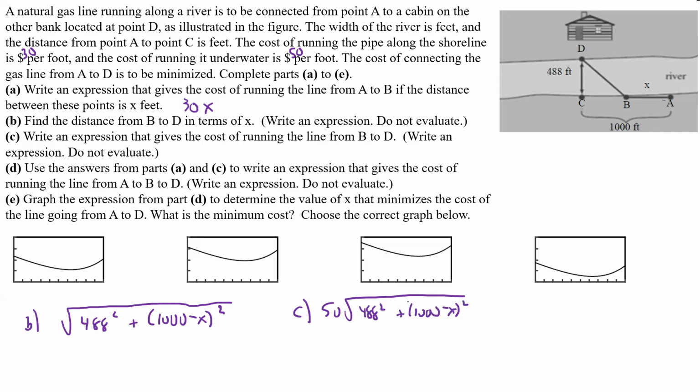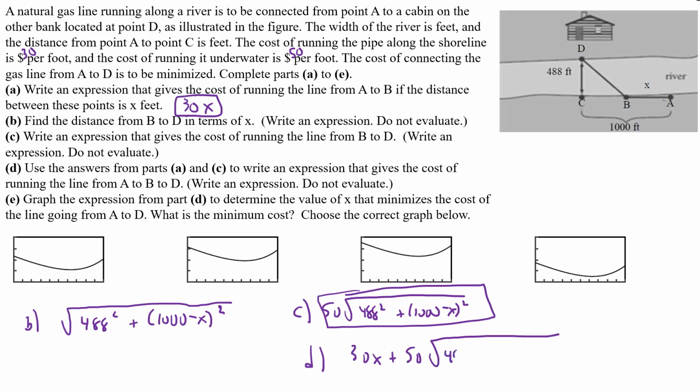So that's our C. Now we're supposed to write the total cost going from A to B to D. So we take this value plus this value, and that's our cost. So that's D. We're going to take 30x plus 50 times the square root of 488 squared plus the quantity 1,000 minus x, squared. So that is our cost for A to B to D.